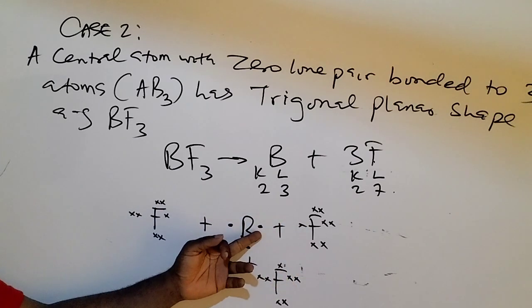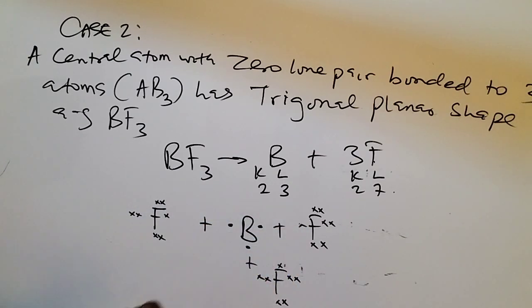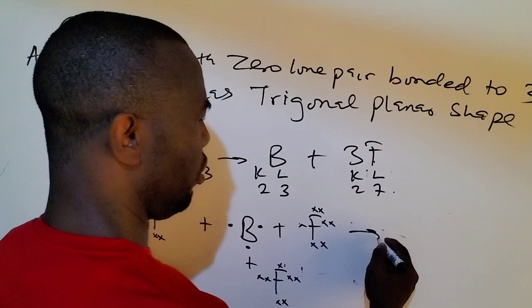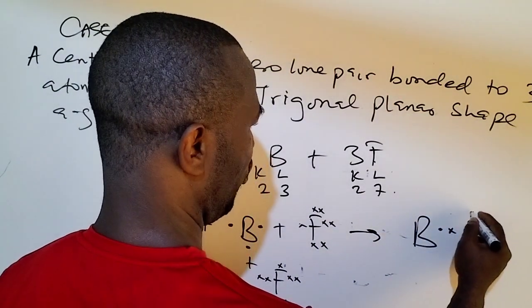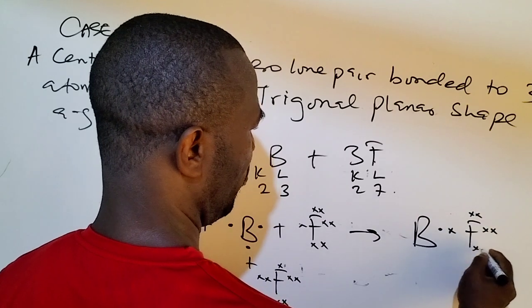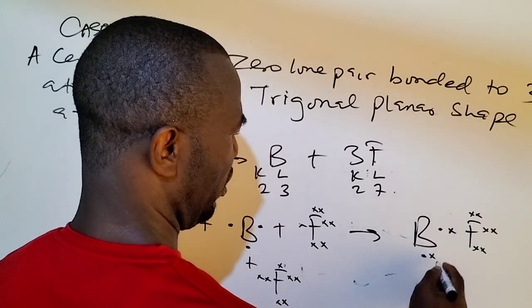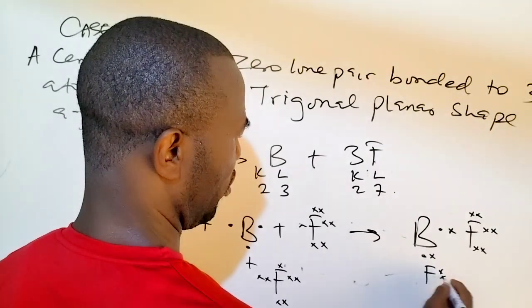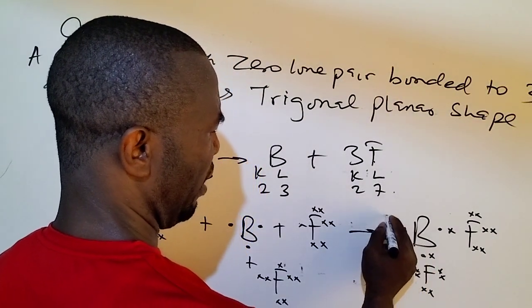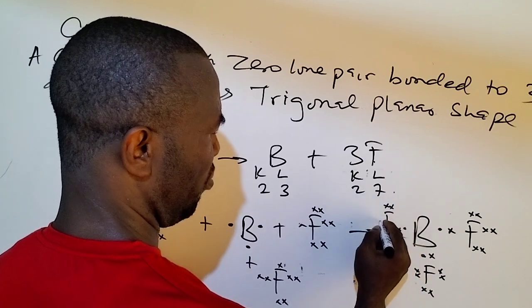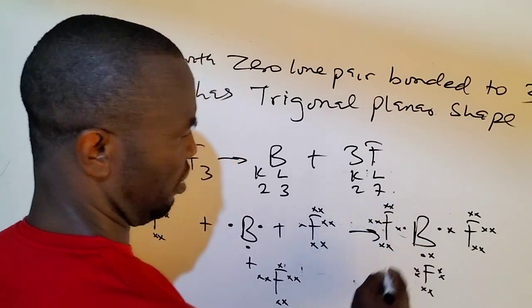That is, divide the 3 by 3. That will be 1, 1, 1. So you now have boron with 1 electron from fluorine, 1 from boron; 1 electron from fluorine, 1 from boron; 1 electron from fluorine, another 1 from boron. So you can have the bonding here.